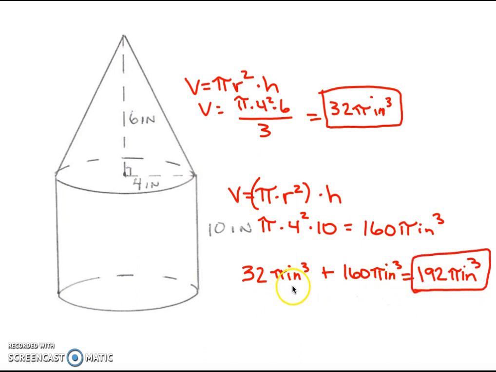And since both values are in terms of pi, we can just leave our answer in terms of pi. So our final volume would be 192 pi inches cubed.